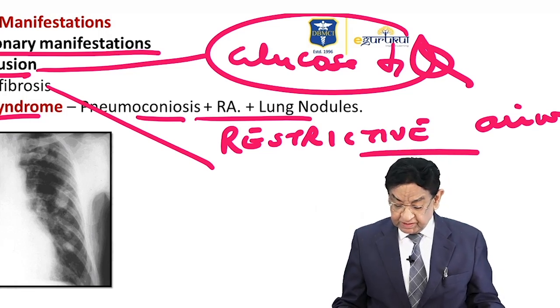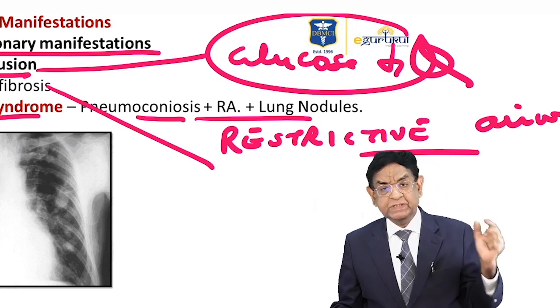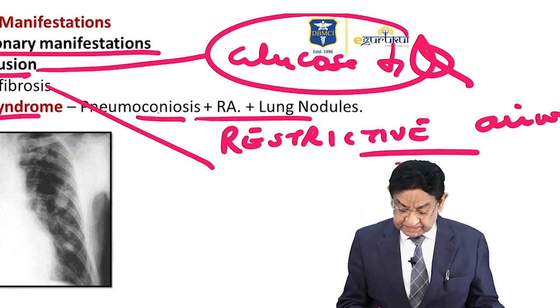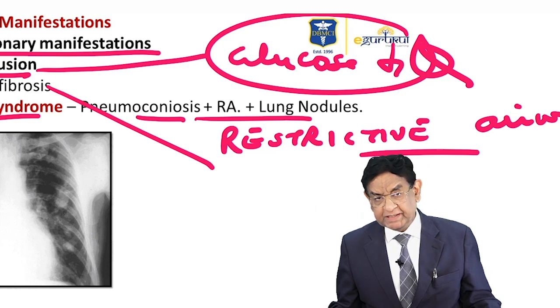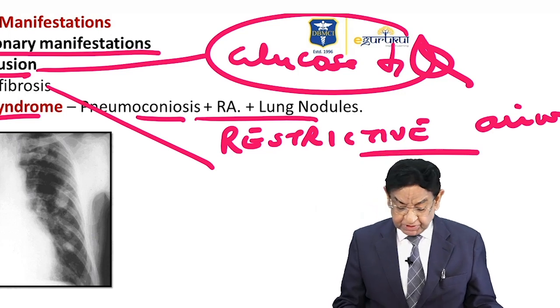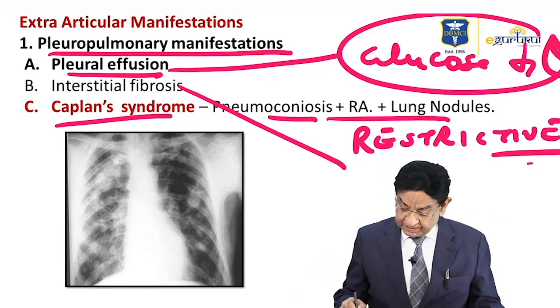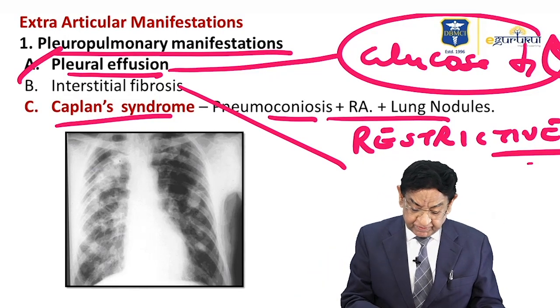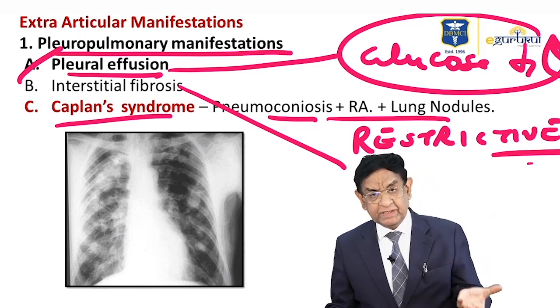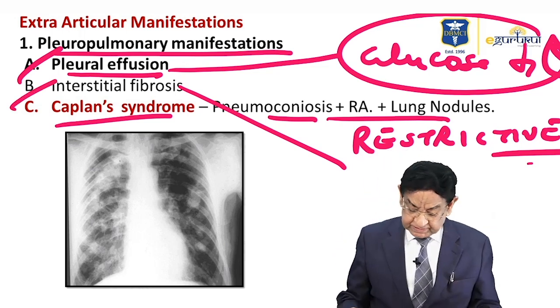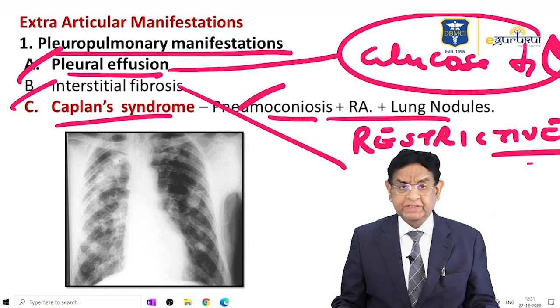Pneumoconiosis is any occupational lung disease, with rheumatoid arthritis having lung nodules. So what we noticed so far is that the lungs may have effusion in the pleura, fibrosis in the parenchyma, and there can be nodules in the parenchyma.